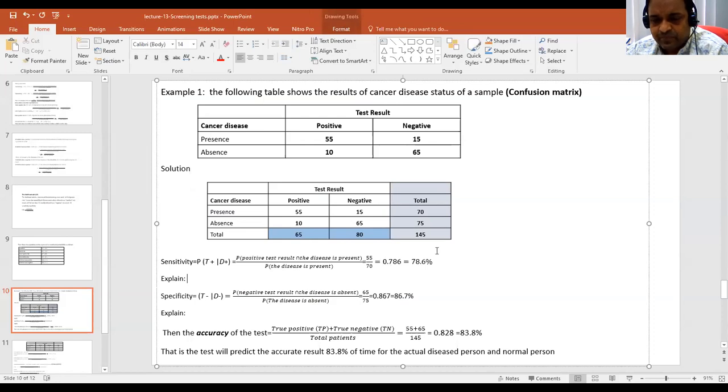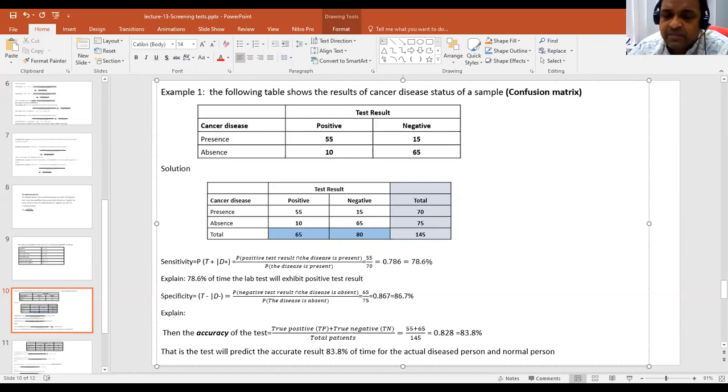This means the lab test will exhibit a positive test result 78.6% of the time.